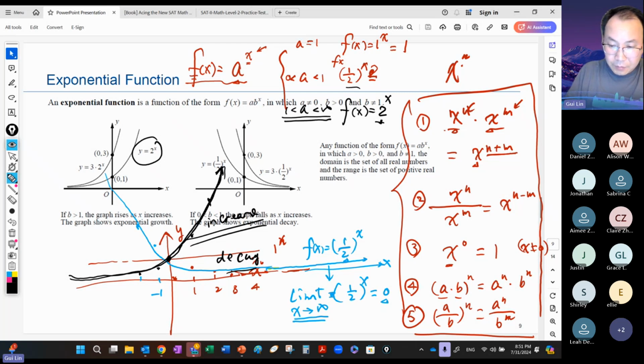Right? Some exponential functions sometimes add an additional constant number in front. Sometimes they use k. So be careful about this part of the expression. This expression is f(x) equals k times a to the power x.